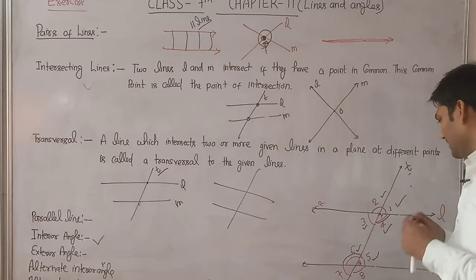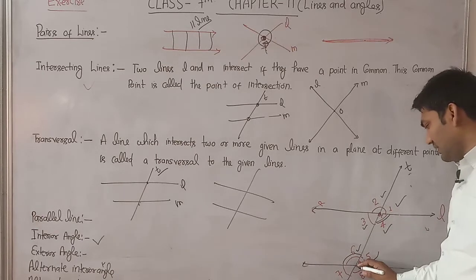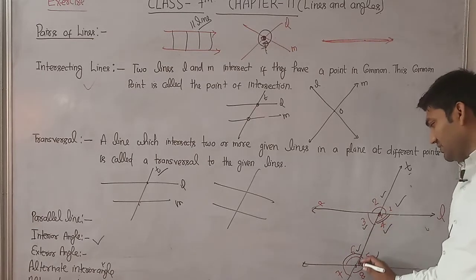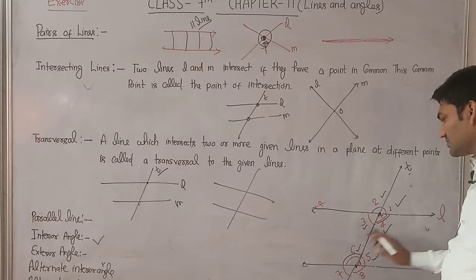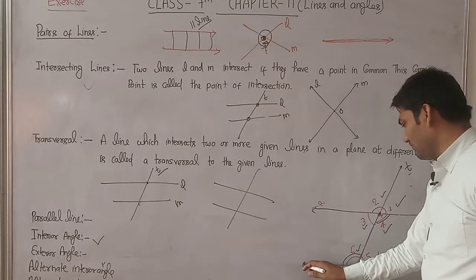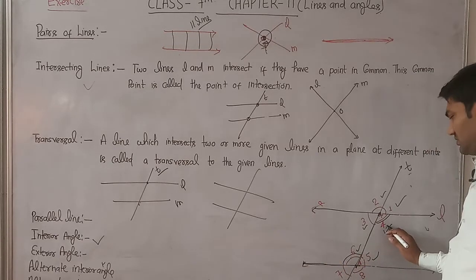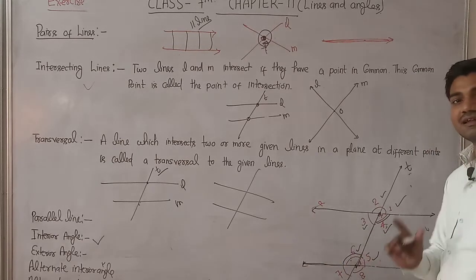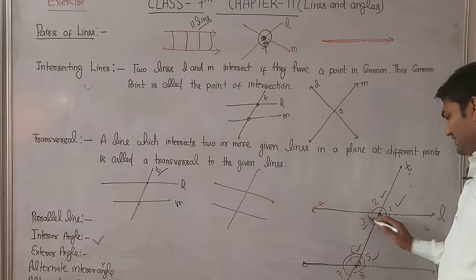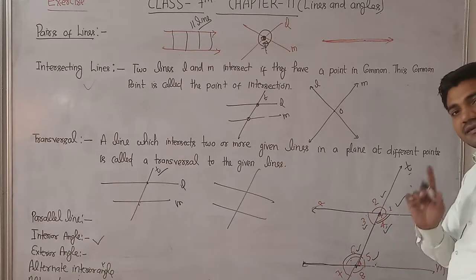The angles from the PQ line segment have it in common on both angles. The angles formed on one line are angle 6 and angle 4. Angle 6 and angle 4 are alternate interior angles, and angle 3 and angle 5 are also alternate interior angles.